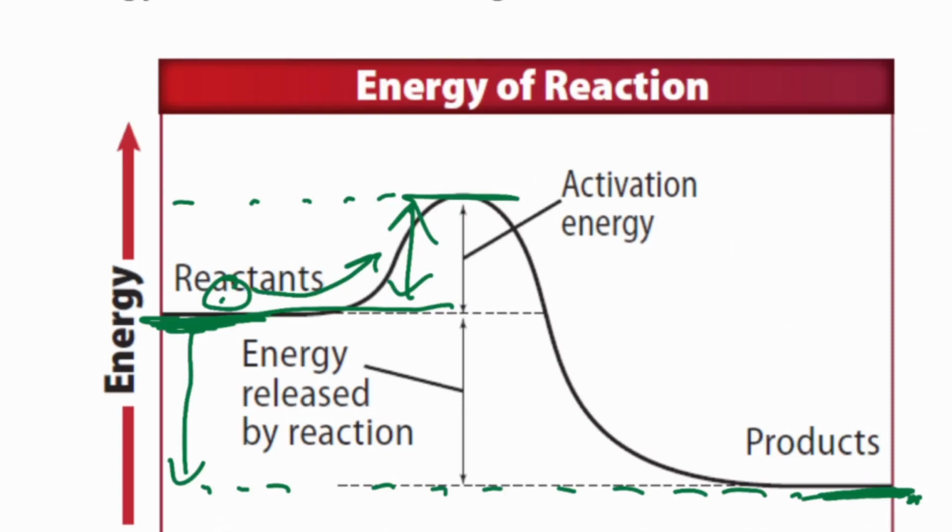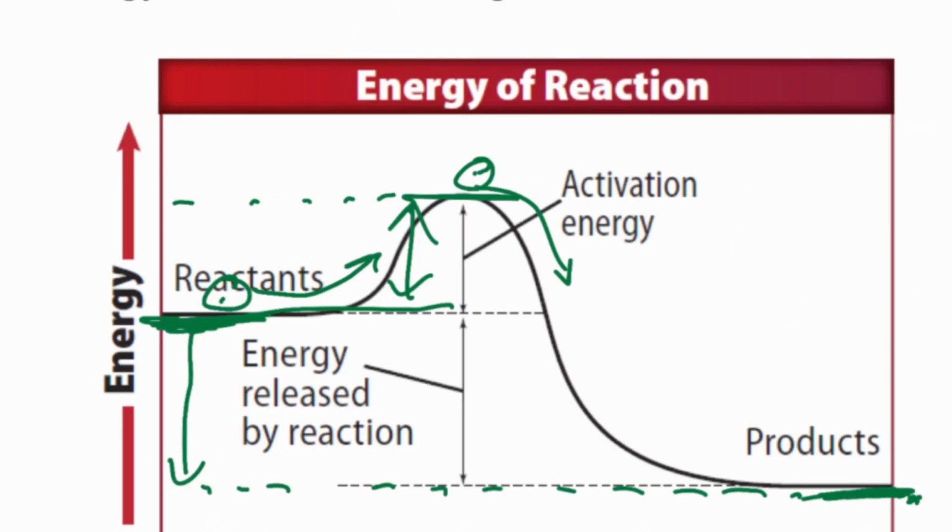It's the same thing with activation energy. I'm striking the match. I need to put an input of energy in there. Once I get the ball up here, though, the reaction is going to go, because that ball will very easily roll down the hill with no more extra effort. And so that's where the energy gets released. I did have to put in some energy to get that ball to the top of the hill, but once it's to the top of the hill, it's just going to roll right down, okay?